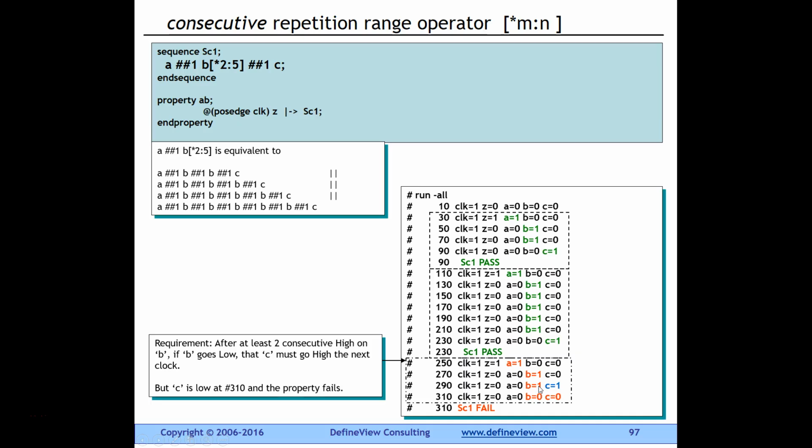But note, in this case, after second B, C did not arrive, but B did arrive. So the property continued from 2 to 3 to 4 to 5. Here what's happening is, after 2, neither C arrives nor B arrives, and property fails. Well, the bug was that C arrived 1 clock earlier.